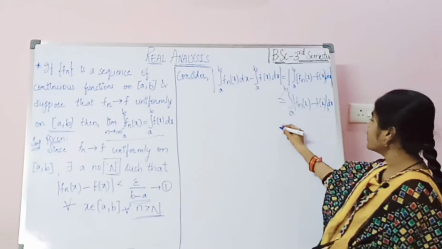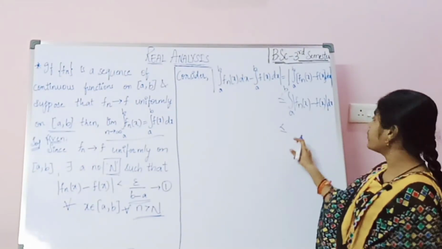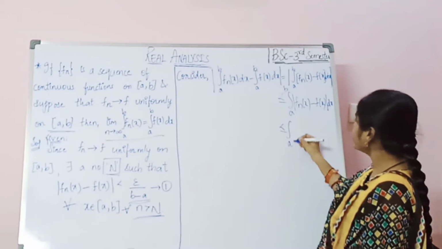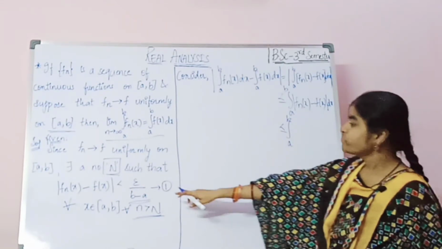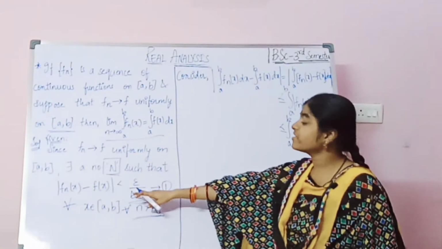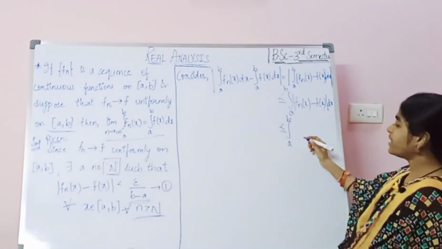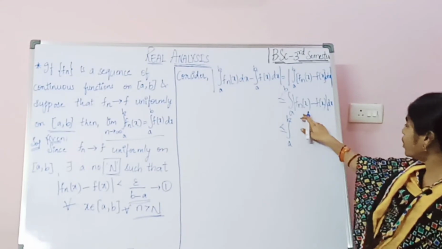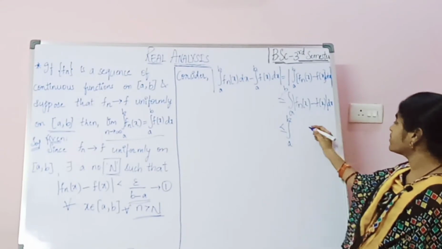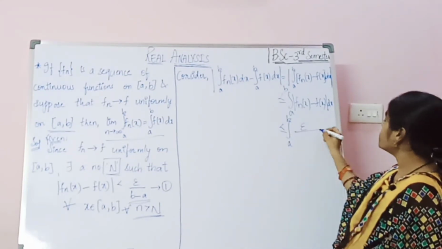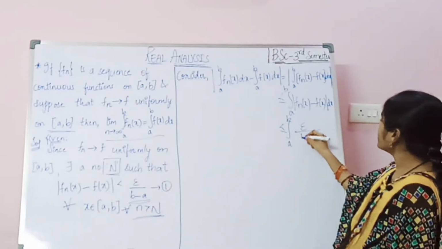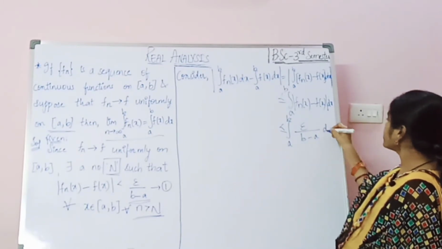So here less than or equal to integral a to b, where mod Fn of x minus f of x is less than epsilon by b minus a. So in place of mod Fn of x minus f of x, we substitute epsilon by b minus a into dx as it is.